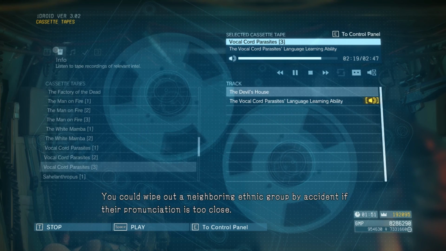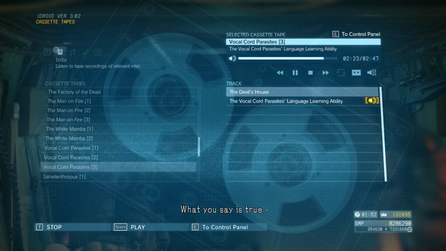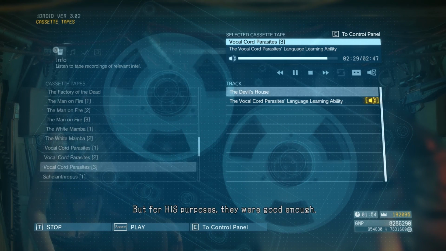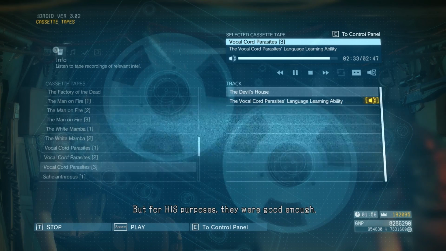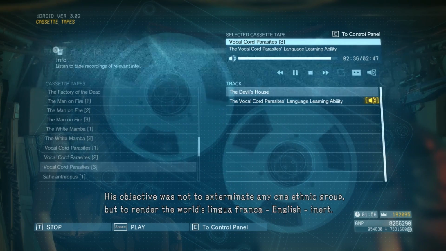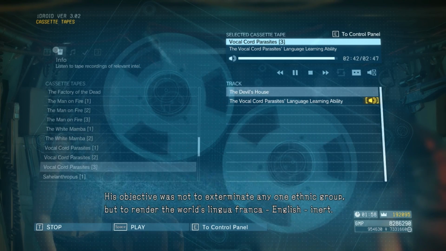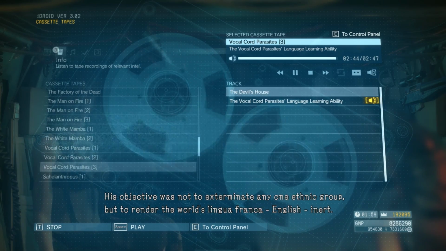You could wipe out a neighboring ethnic group by accident if their pronunciation is too close. What you say is true. In that sense, they are imperfect as ethnic cleansers. But for his purposes, they are good enough. His objective was not to exterminate any one ethnic group, but to render the world's lingua franca, English, inert.